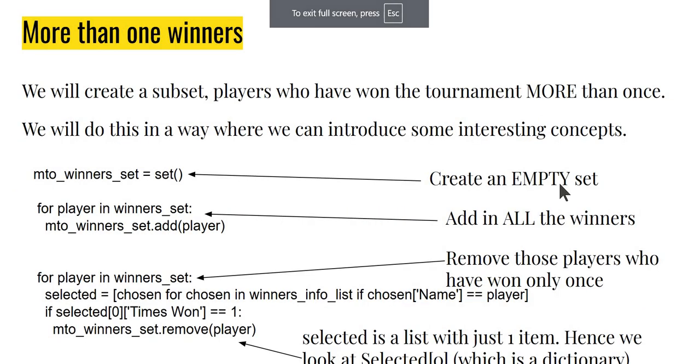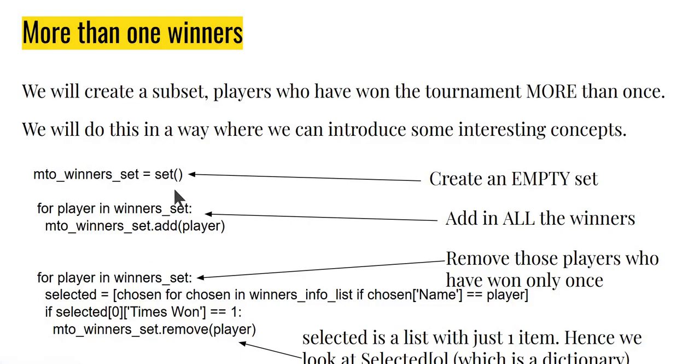Another example came in our Sports Heroes project, where we wanted to look at the more than once winners. The way we did it was creating an empty set and then explicitly adding all items from winner set into the empty winner set. Now, if on the other hand we had done empty winner set is equal to winner set, we would end up in a problem, because when I remove items from the empty winner set, unknowingly winner set will also get changed, because I would have ended up creating a shallow copy.